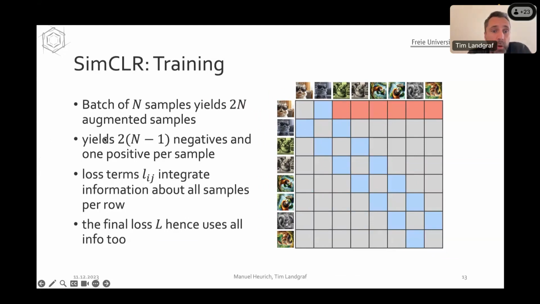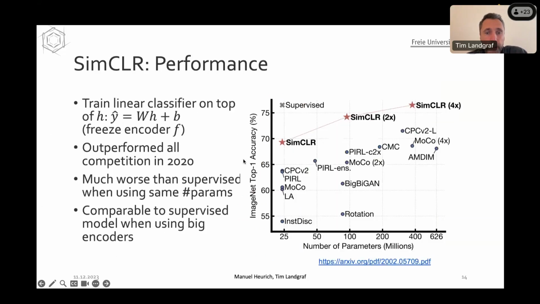Okay, good. So the final loss is basically computed between these off-diagonal elements. But it isn't that we only use these samples, right? In these values, we integrate information about the similarity of all the other samples as well. Okay.